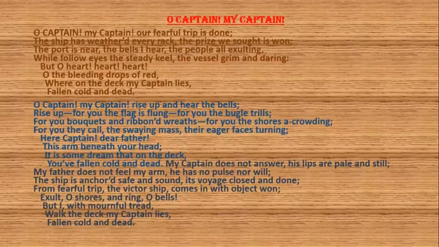How, we will discuss. It is the grief of a sailor, because the poet is one of the sailors on the ship.